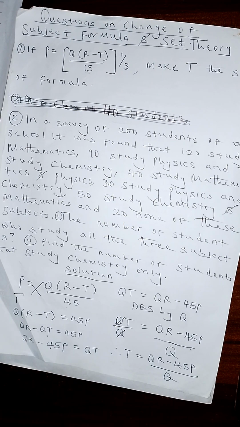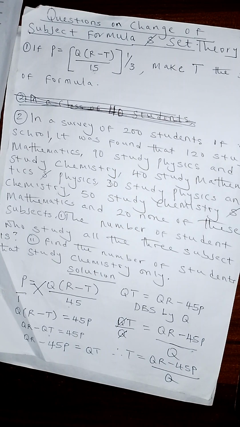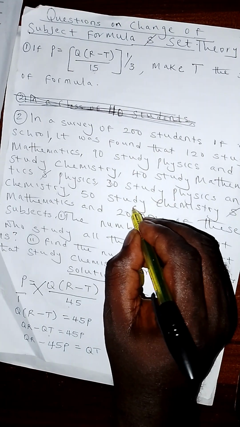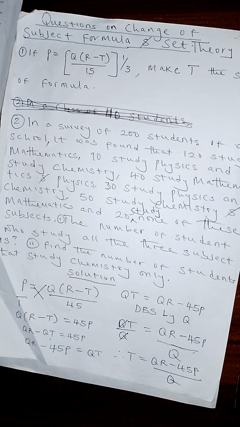In a survey of 200 students of a school, it was found that 120 study mathematics, 90 study physics, and 70 study chemistry. 40 study mathematics and physics, 30 study physics and chemistry, 50 study chemistry and mathematics, and 20 study none of these subjects. The number of students who study all the three subjects is dash.